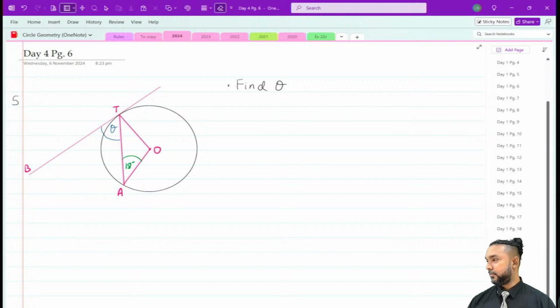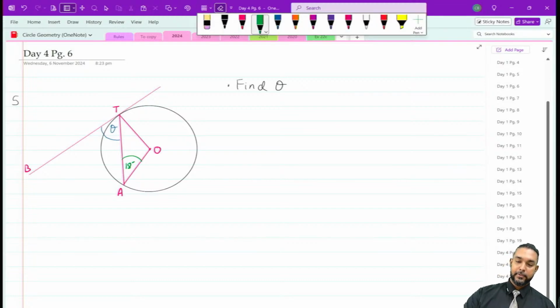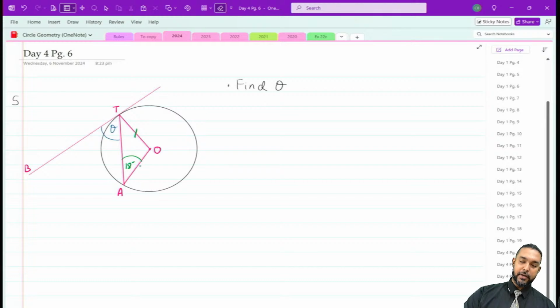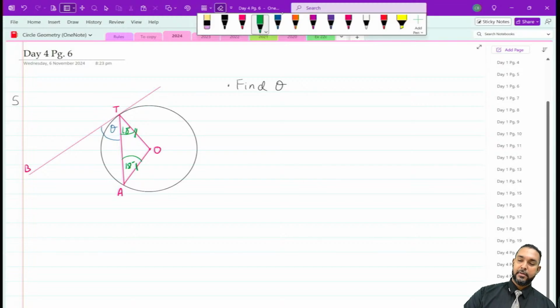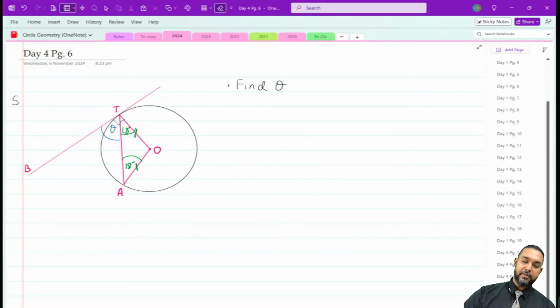144. It is? Yeah, because OT and OA are radii, right? So that is 18 degrees. And this is a 90 here, right?